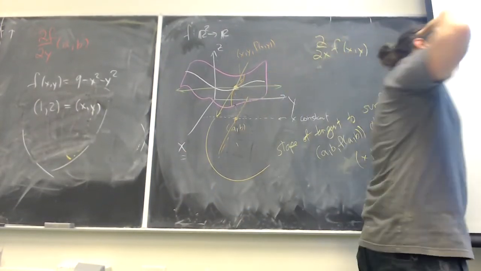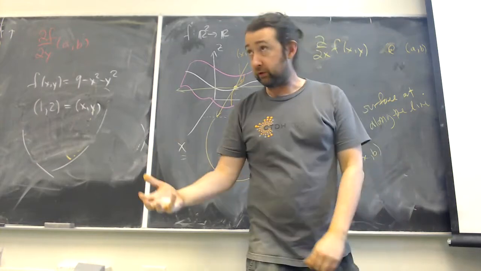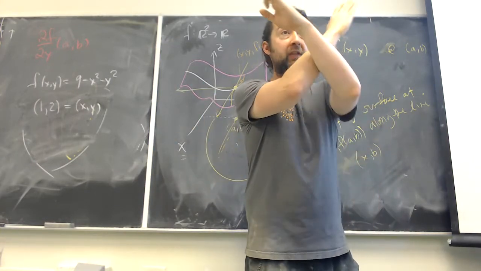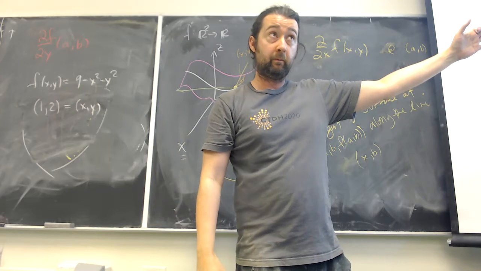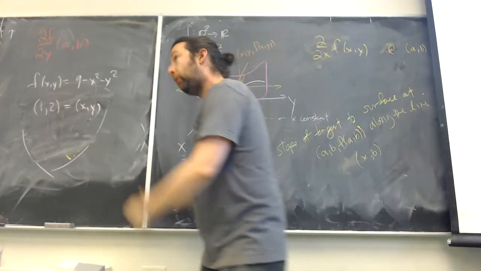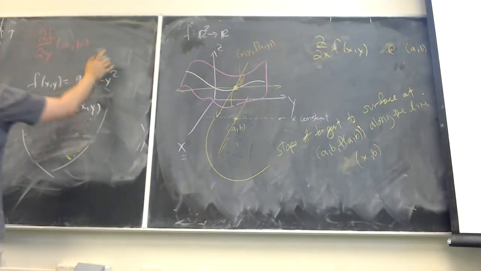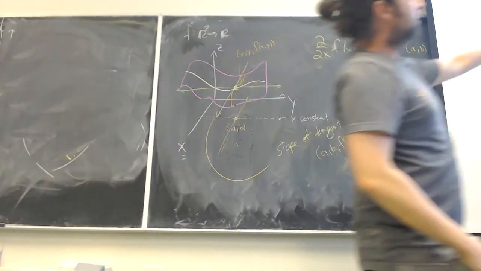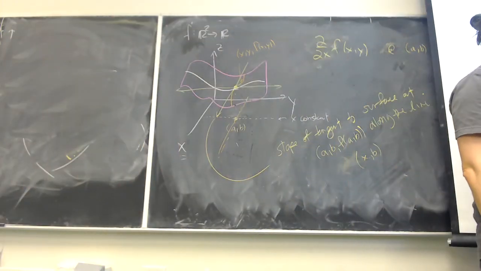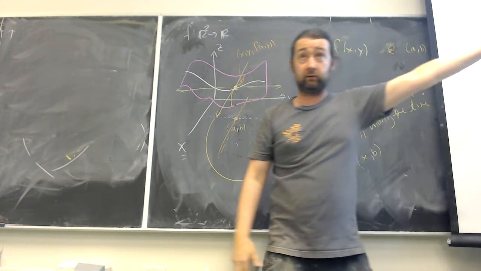But if you want to understand why this stuff works, which is important, you should understand that what we're doing is taking two tangent lines and using them to make a tangent plane. Okay? So that's the point of partial derivatives. The point is to be able to write this plane down and use it to approximate the function that you're studying.